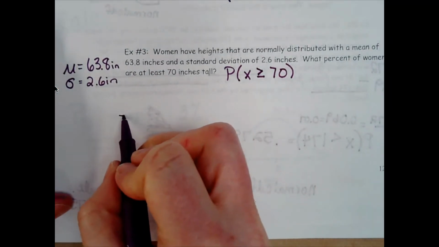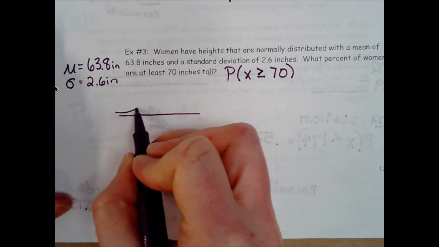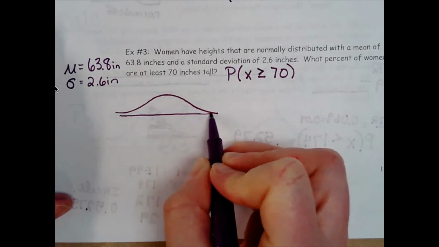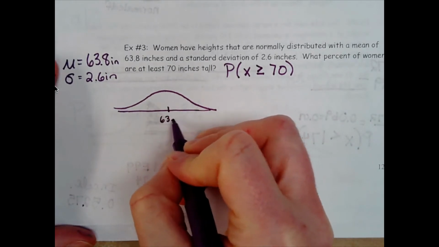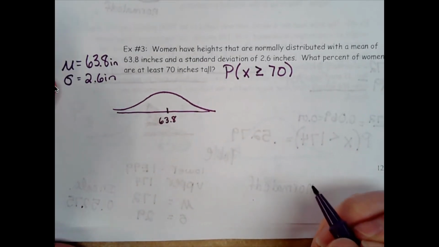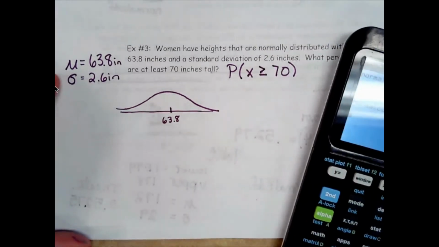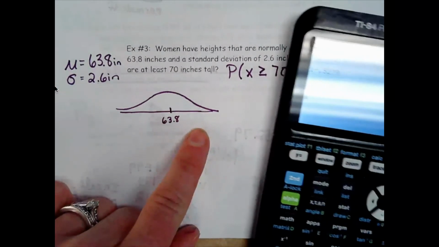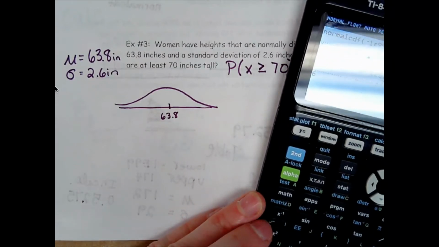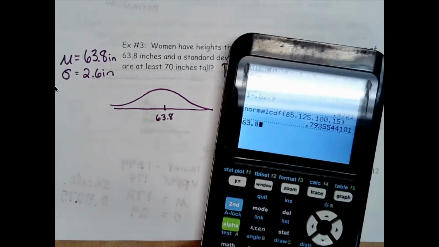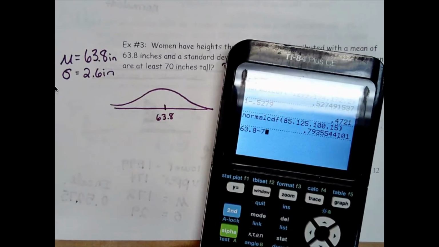So let's draw our normal distribution curve with our mean in the middle of 63.8. How many standard deviations does that fall? Like, how far away is that? I just use this to kind of help me look at where it'll be.